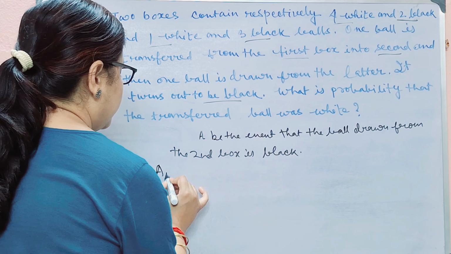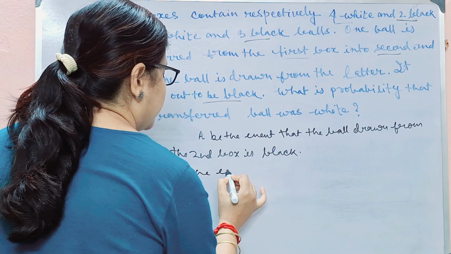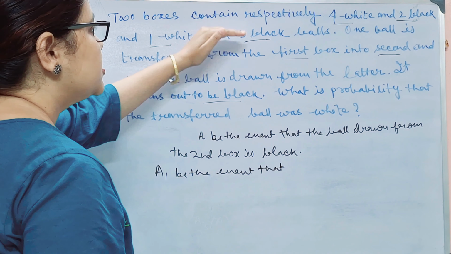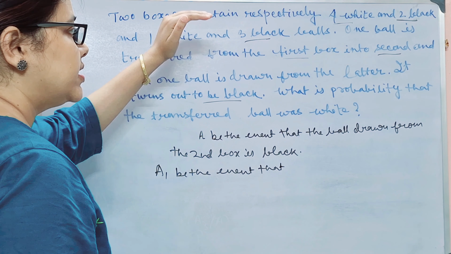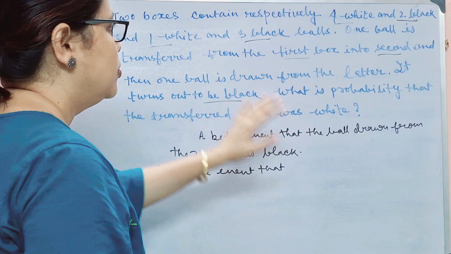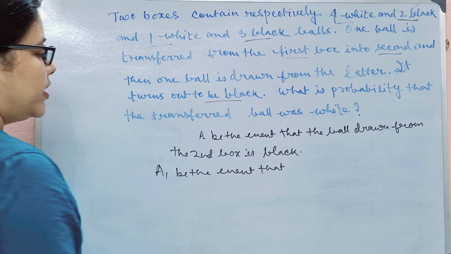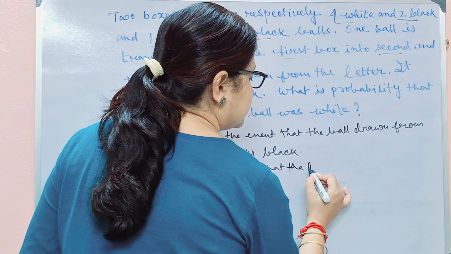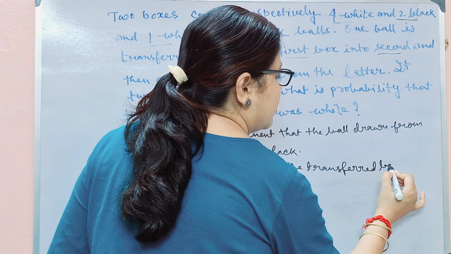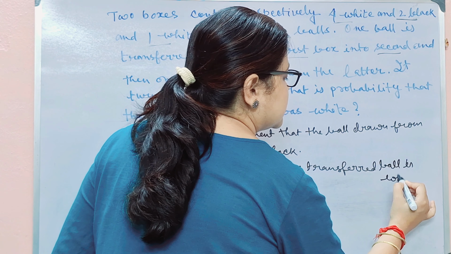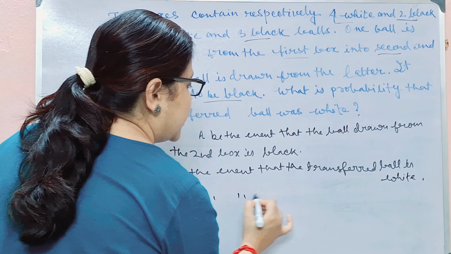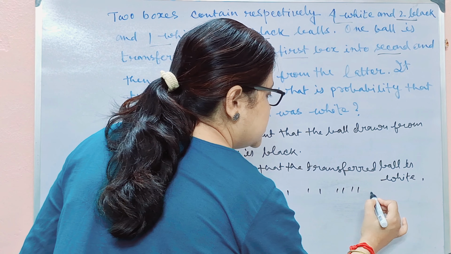Let A1 be the event that the transferred ball, that is the ball transferred from box 1 to box 2, is white, and A2 be the event that the transferred ball is black.